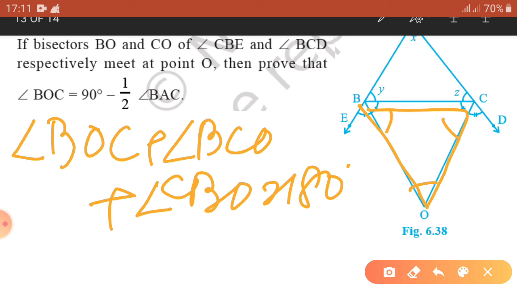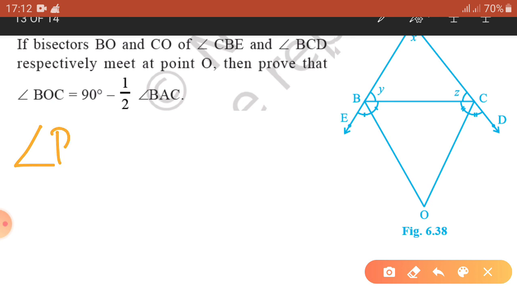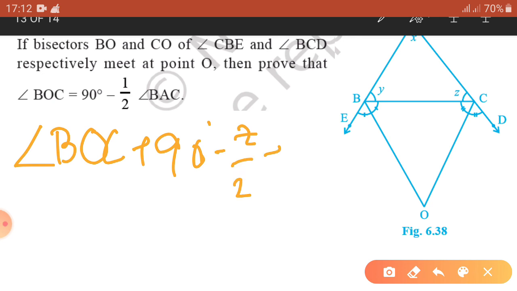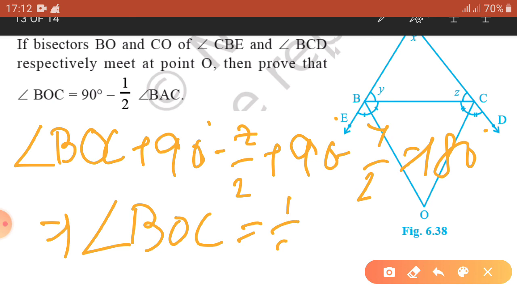If I substitute the values of BCO and CBO in this equation, we get angle BOC plus 90 degrees minus Z by 2 plus 90 degrees minus Y by 2 equals 180 degrees. So from here we can say that angle BOC equals half of Y plus Z.